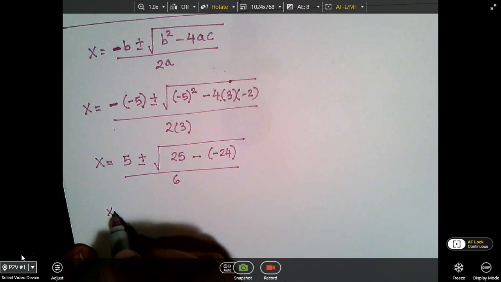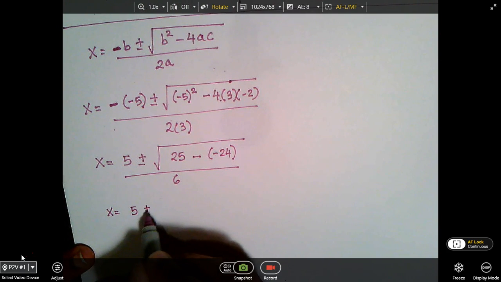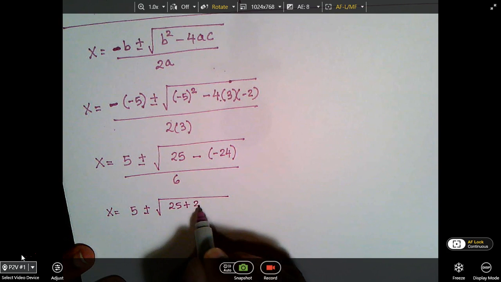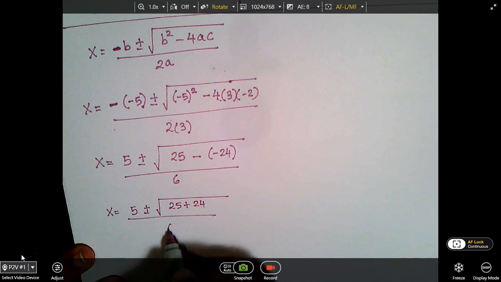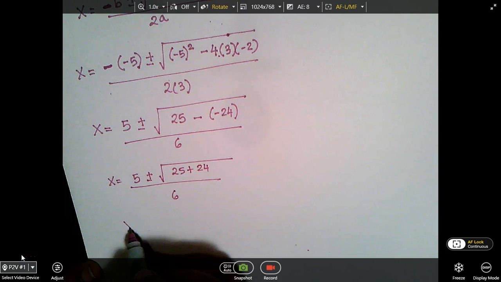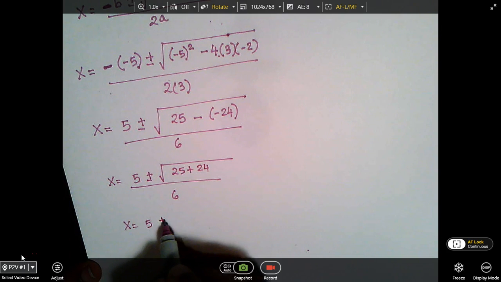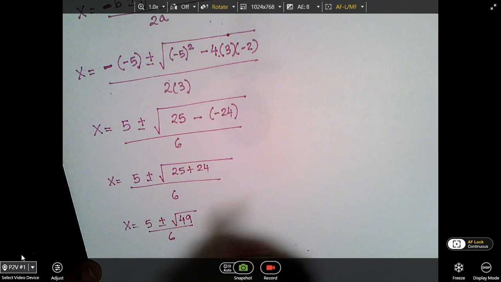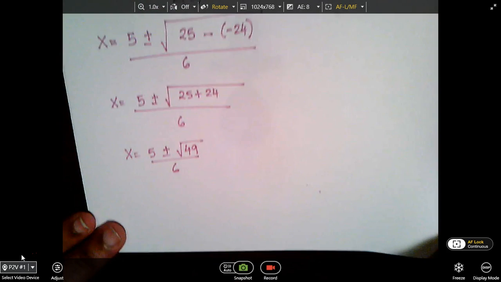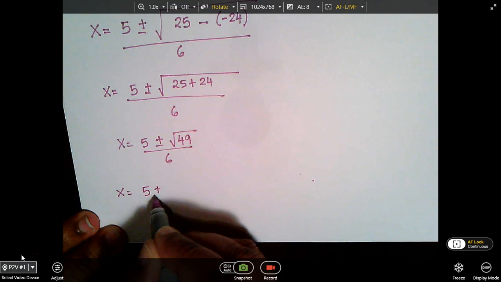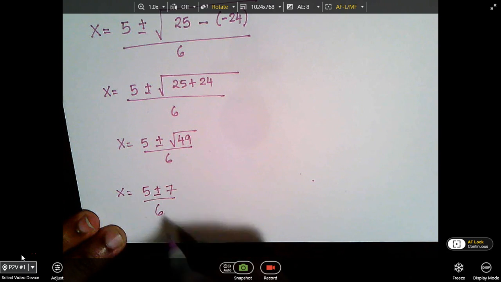So I have x equal to 5 plus or minus square root of 25 plus 24 divided by 6, which will give me x equal to 5 plus or minus square root of 49 divided by 6. The next step would be x equals 5 plus or minus 7 divided by 6.